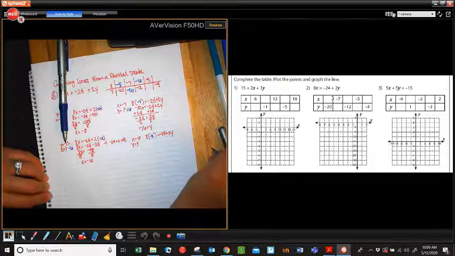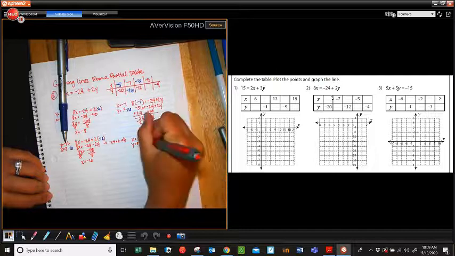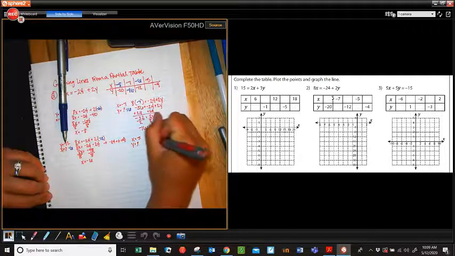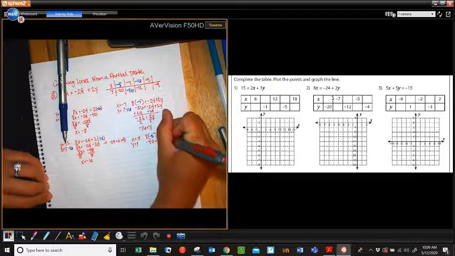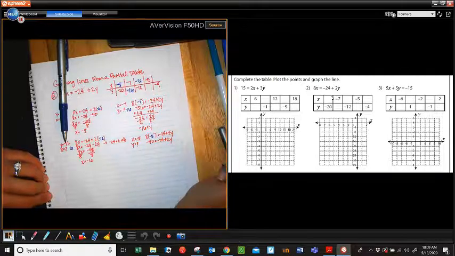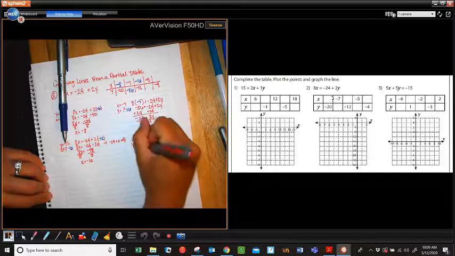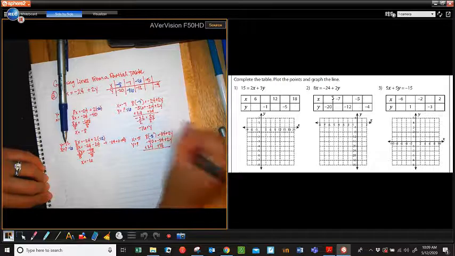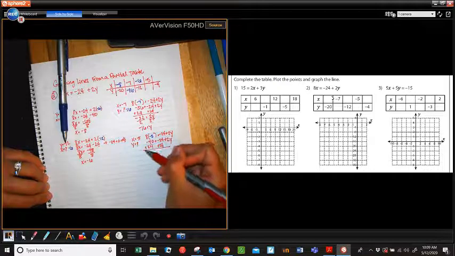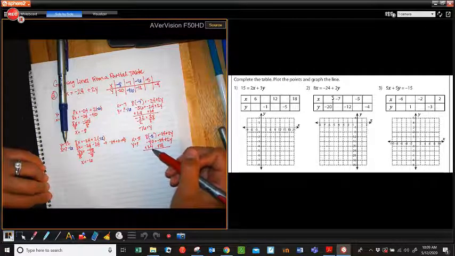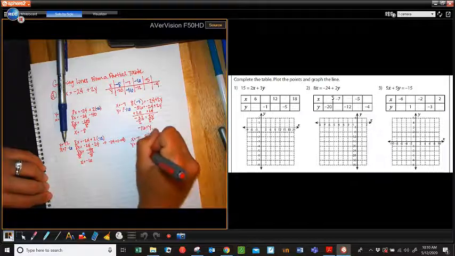Simplify and solve. 8 times negative 5 is negative 40, equals negative 24 plus 2y. It's simplified, so now we have to solve. We're moving 24 over, so we're adding. Opposite sign, subtract the number, keep the sign of the larger, so I know it's going to be a negative answer.